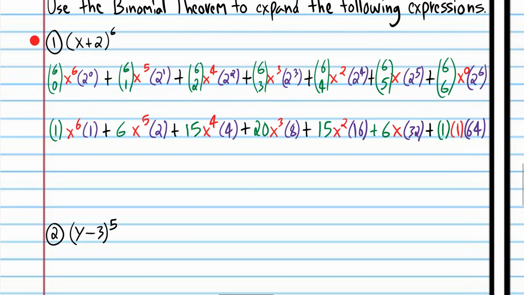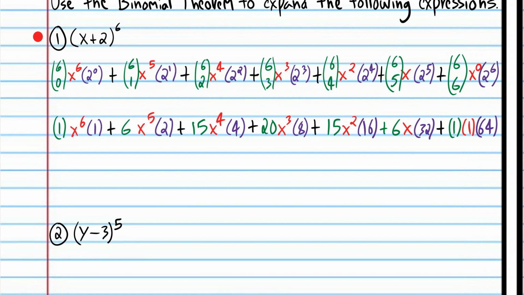And so now, let's simplify everything. We get x to the 6th plus 12 x to the 5th plus 60 x to the 4th plus 160 x cubed plus whatever 15 times 16 is.